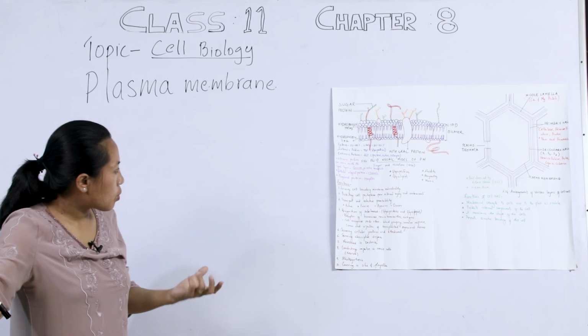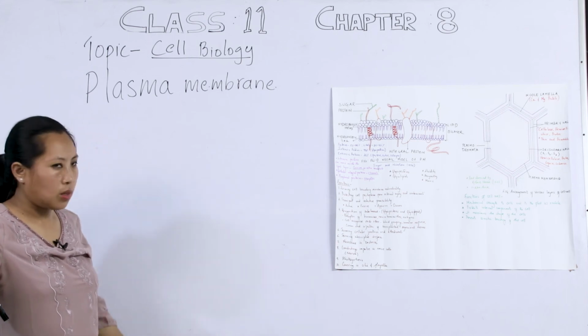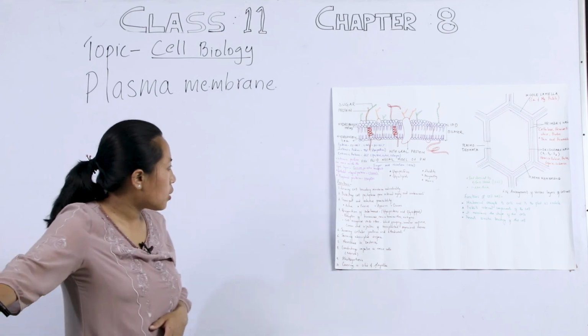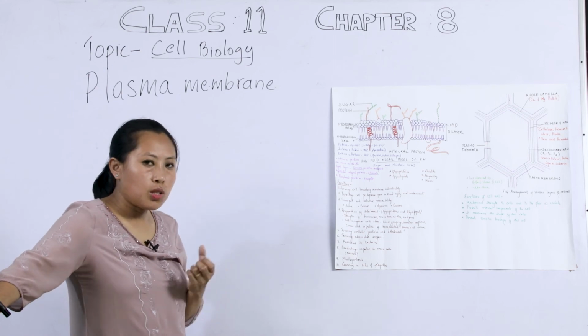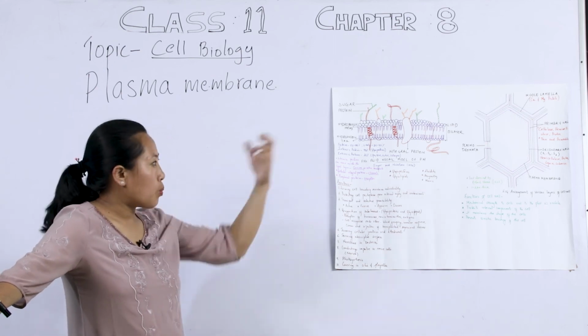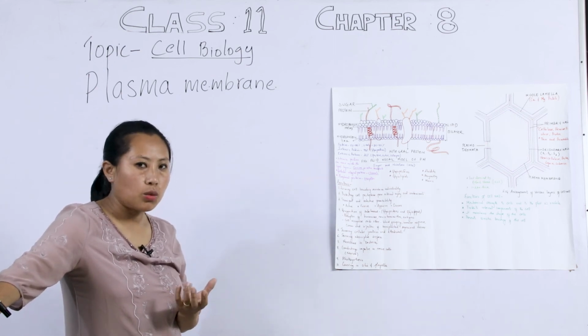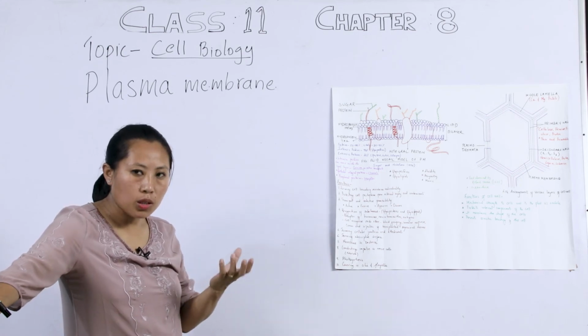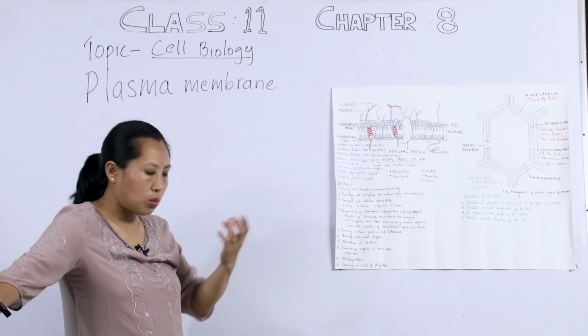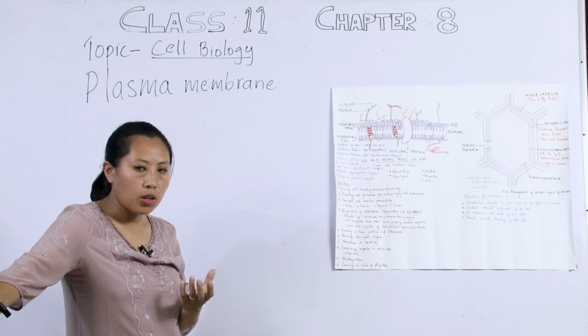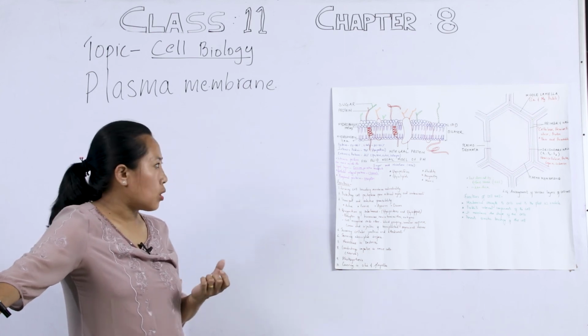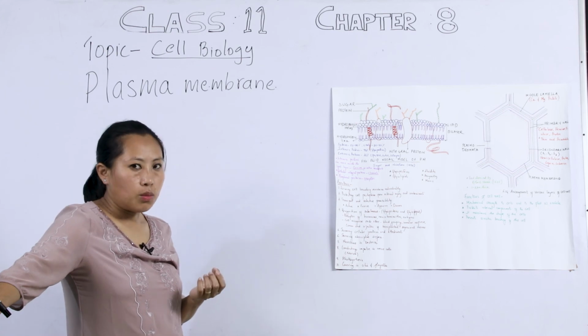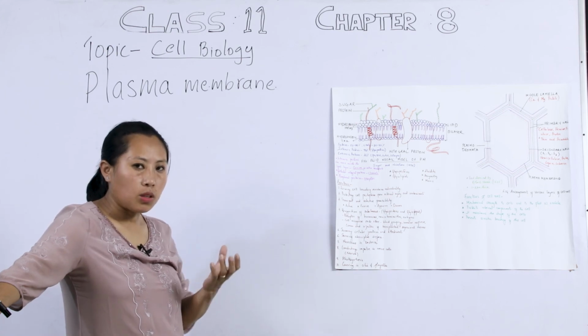The protein constitutes about 60 to 70%, and lipids 30 to 40%. The proteins present on the plasma membrane can act as carriers during the active transport of molecules from one cell to another cell, or from the external environment into the cell. Energy is required, and carriers are required. So in those cases, proteins present on the plasma membrane act as carriers.